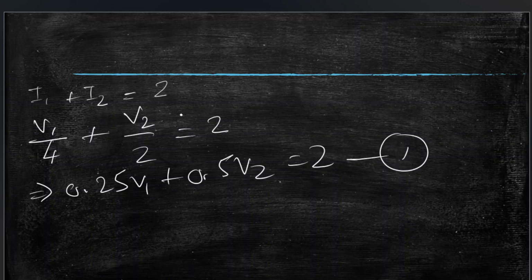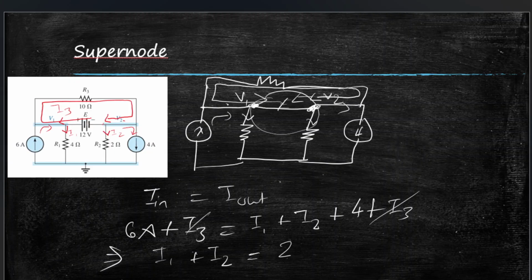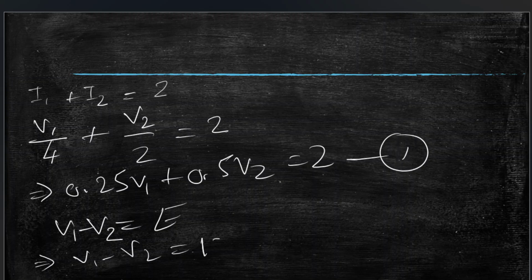So we can write that V1 minus V2 is equal to E. That's it. Now we have an equation. Let's place the values. V1 minus V2 will be as it is, and E is how many volts? It's 12 volts. So 12. Now we have equation 2.